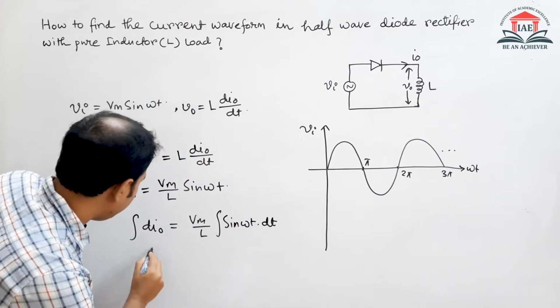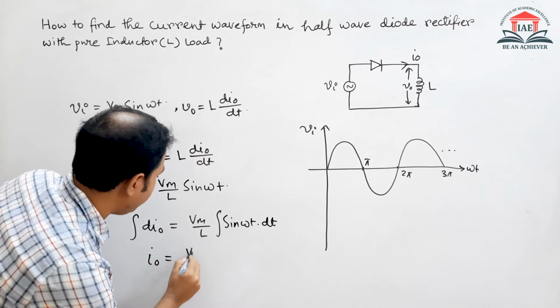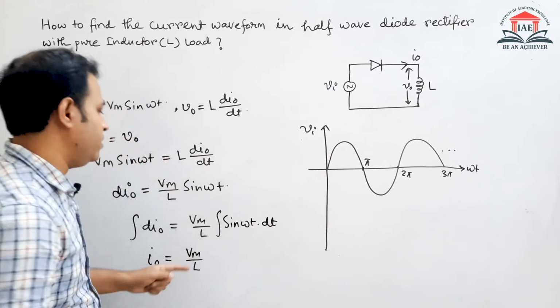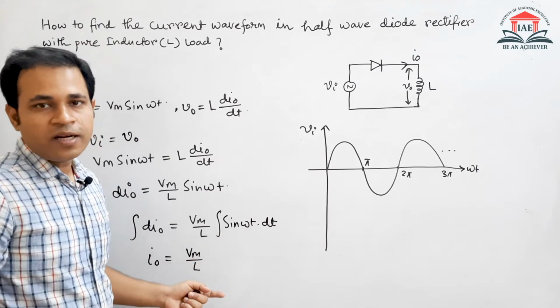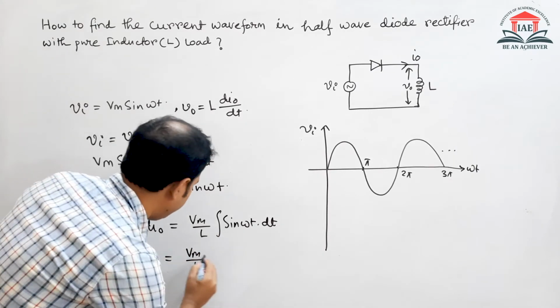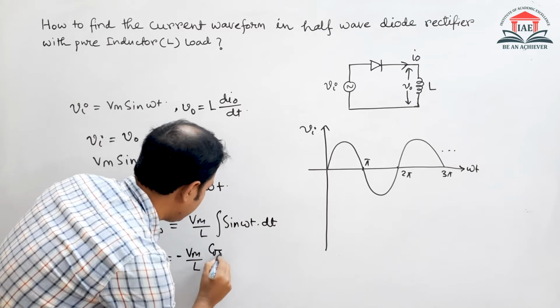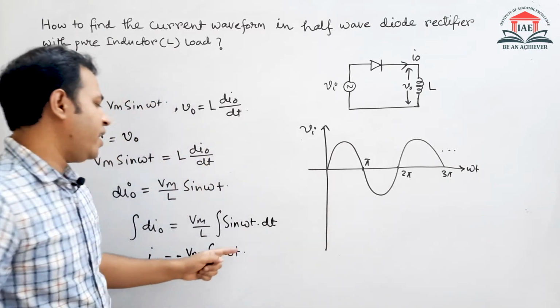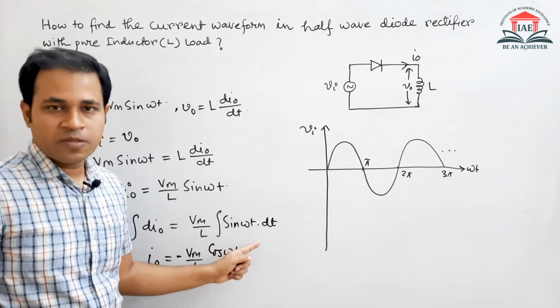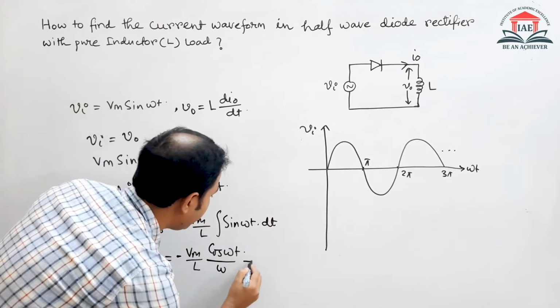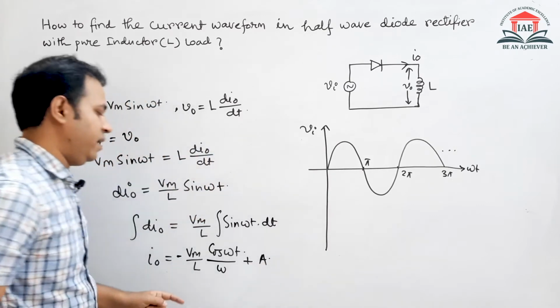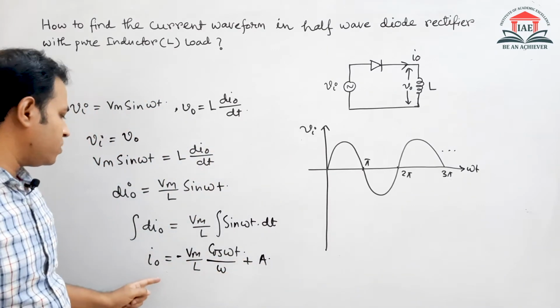Then I0 will come to be Vm by L into the integration of sin omega t, which we know is minus cos omega t. As we are integrating with respect to t, it will be divided by omega, plus the integration constant a. So this will be the expression for the current.